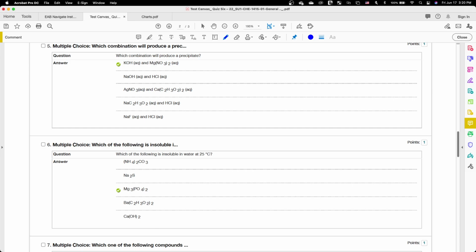Okay, number 5 says, which combination will produce a precipitate? This is easy because all you have to do is look at the chart. And you do what I call the double replacement reaction, or the swinger's reaction.